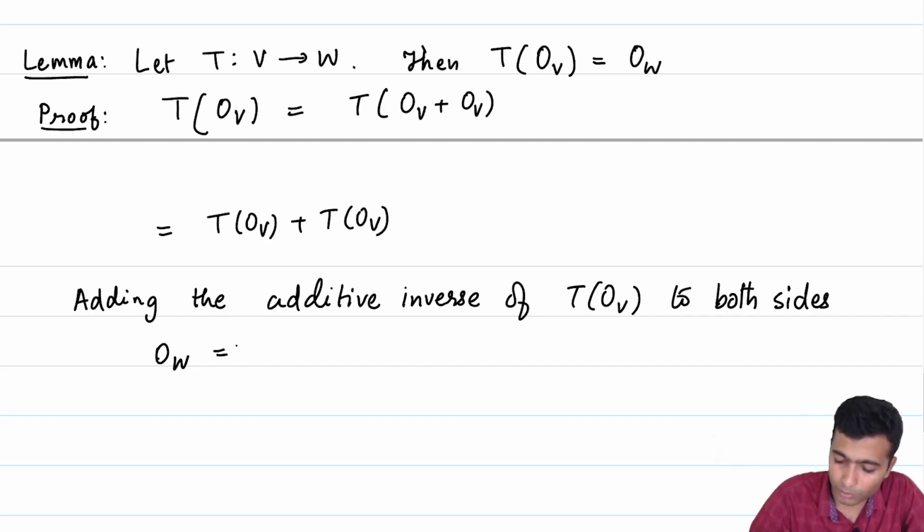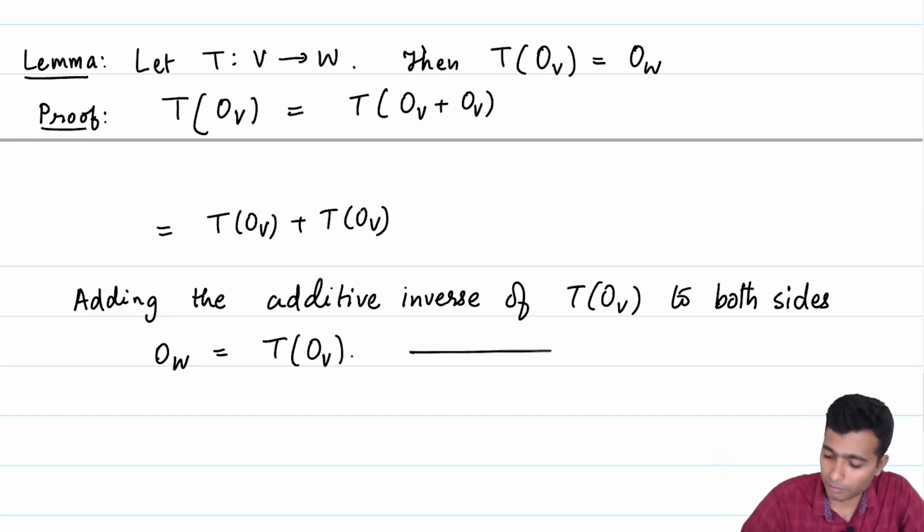That is equal to, I will leave it for you to check, 0W plus T of 0V, which is equal to T of 0V, and that completes the proof.